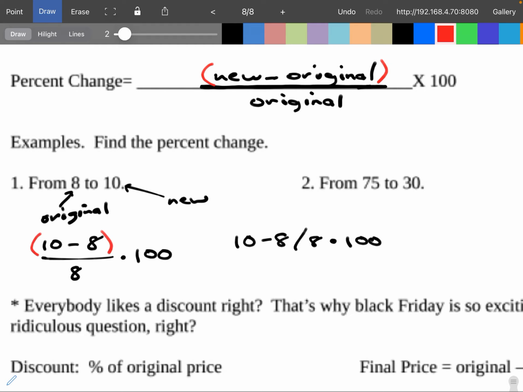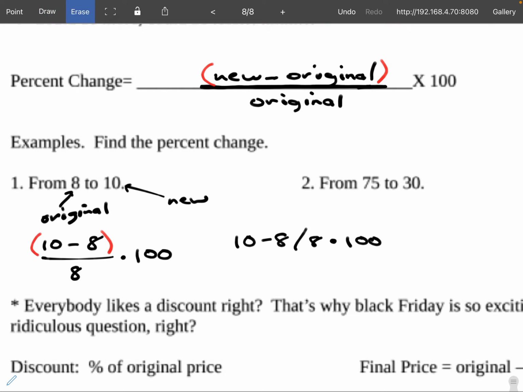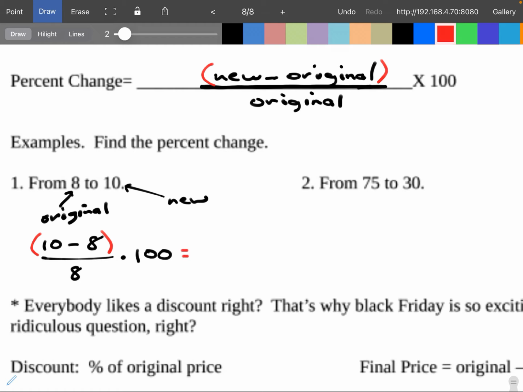If you want to type the whole thing in all at once, you've got to remember to put these parentheses in here. Or you can get the answer for the numerator first and then divide by 8 and then multiply by 100. You could just do 10 minus 8 is 2, and then 2 divided by 8 and then times 100. Either way.